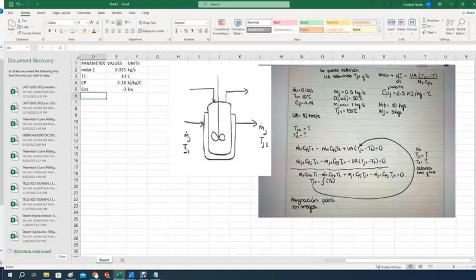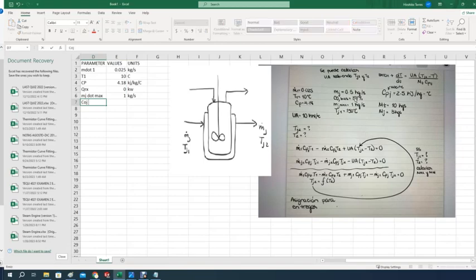Now we have flow on the jacket. Let me start by setting the maximum flow, MJ dot, that's what I call it, MJ dot max. If I open the valve fully, the maximum flow would be about 1 kilogram per second. But I have adjusted that valve to 50%. That's COJ.